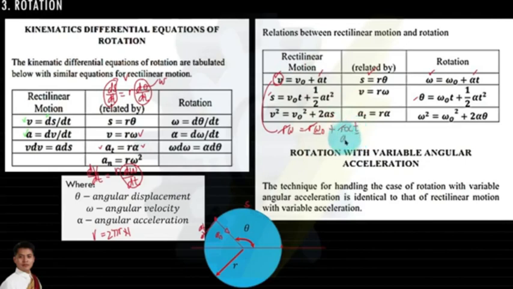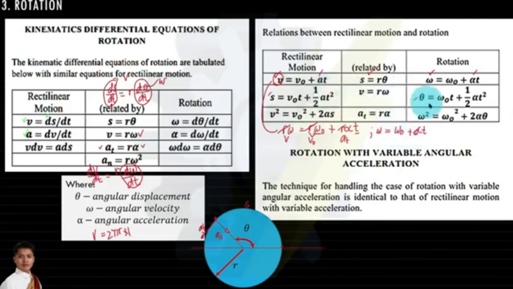This is our a sub t, this is our v sub o, this is our final velocity. Since r is common, we derive the equation: omega, the final angular velocity, is equal to omega sub o plus alpha t.